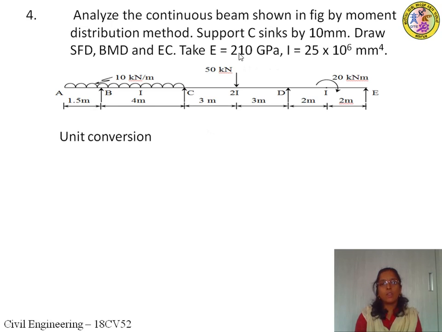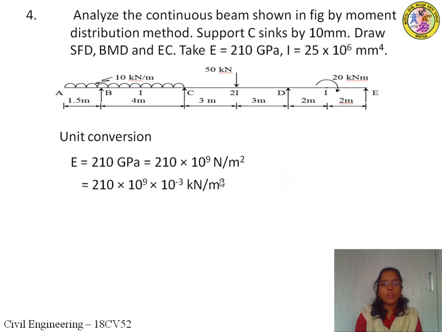E is given in GPa and I is given in mm raised to 4, while all other values are expressed in kilonewton and meter. Therefore we have to convert EI into kilonewton and meter. First, E, Young's modulus, is given as 210 GPa. GPa means gigapascal, so 210 into 10 power 9, since giga means 10 power 9 Newton per meter square.